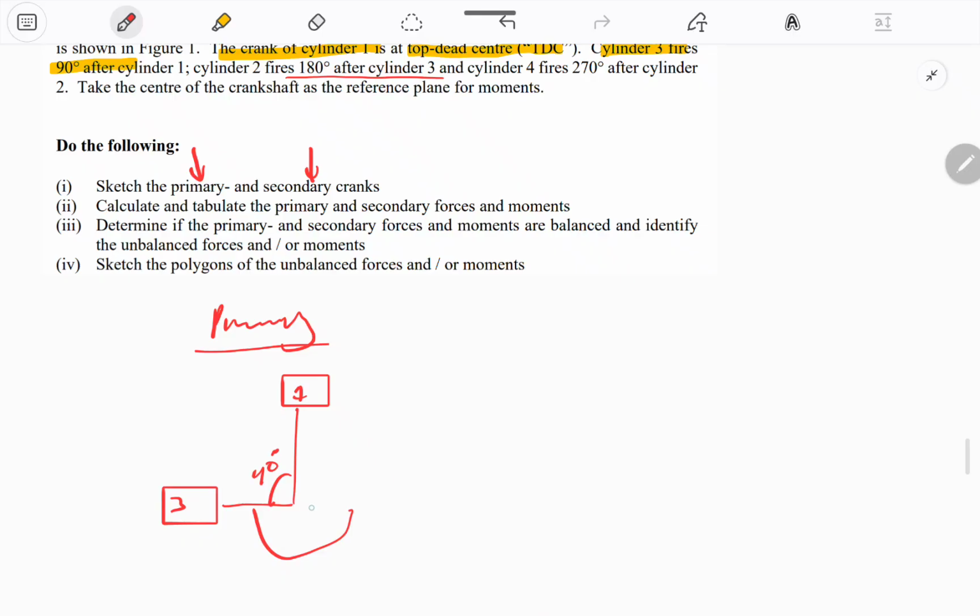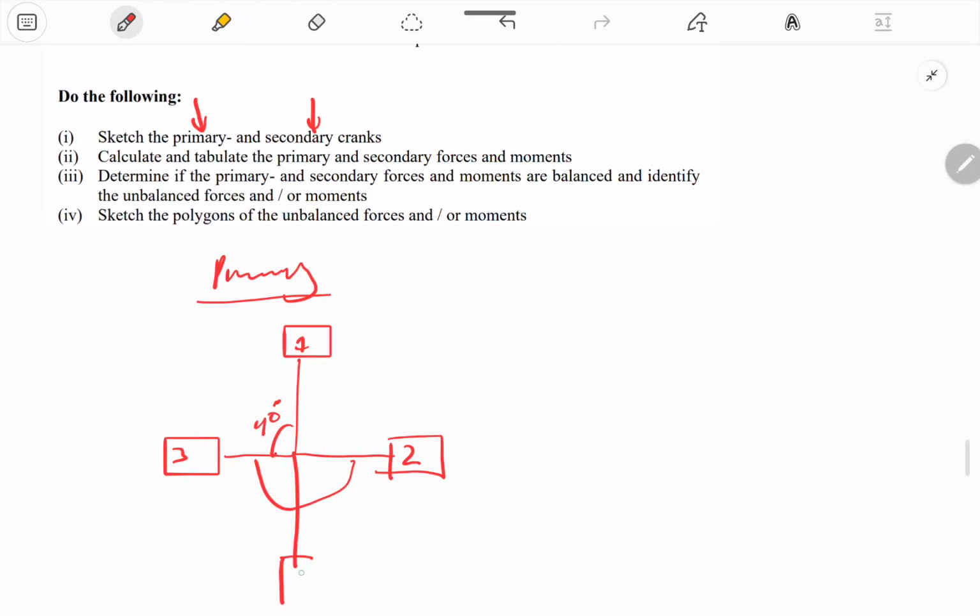That means 180 after 3 here we have 2. And piston 4 fires 270 after. That means 90, 180, then 270 is around there. That will be our 4, at 270.